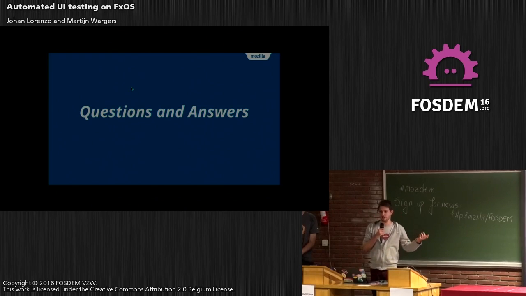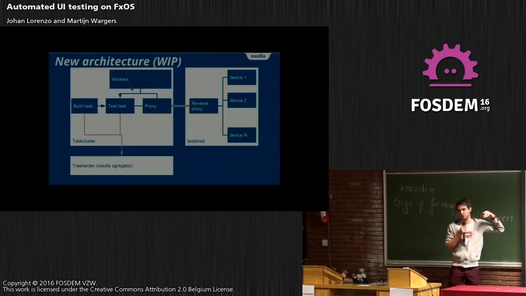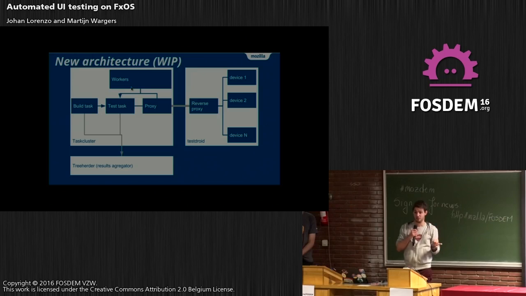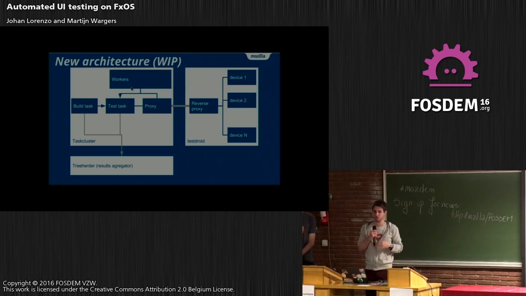Gecko still has about the same because it still powers Firefox desktop. And the queuing part is done mostly by the workers. If no device is available at this time, the test tasks are not spawned, so we queue them there. We have the build task create more and more test tasks, and then the worker wakes them up one by one. So that's how the queuing system is done.